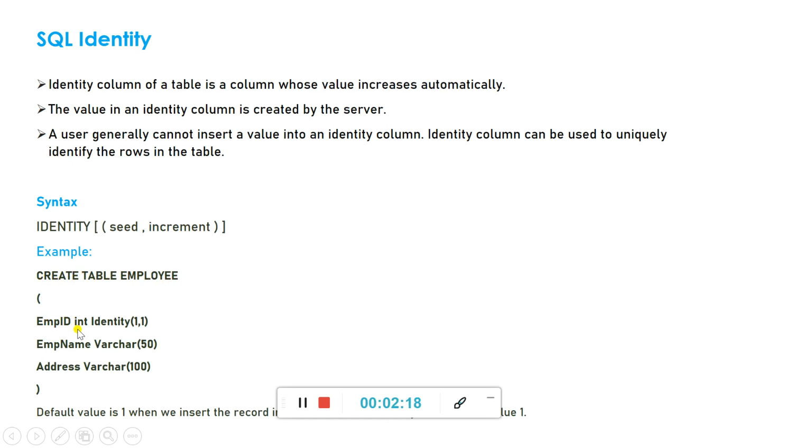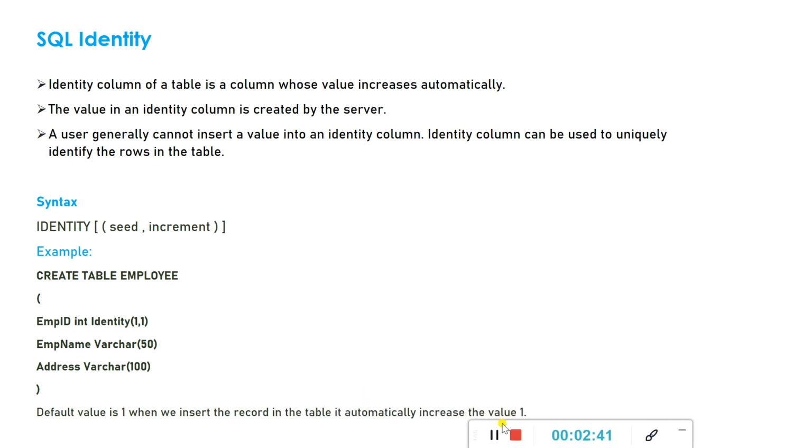We have put the data type int and set the identity, and I put 1 comma 1. It means seed is 1 and increment is 1. So by default, the first record should be 1, and whenever we insert a record in a table, that should be automatically increased by 1. We don't need to assign a manual value in the employee ID, right? So I will show you in the example.